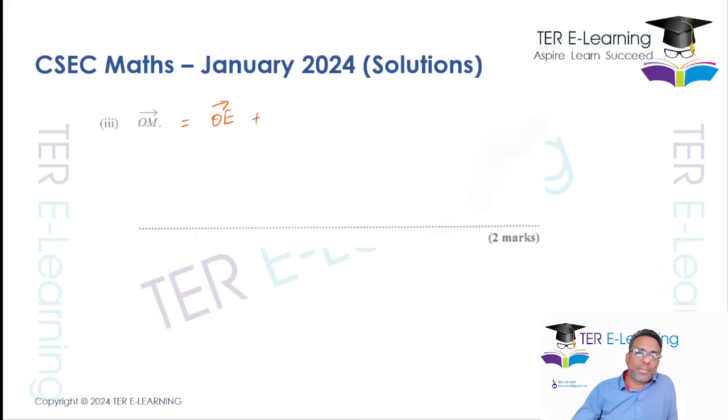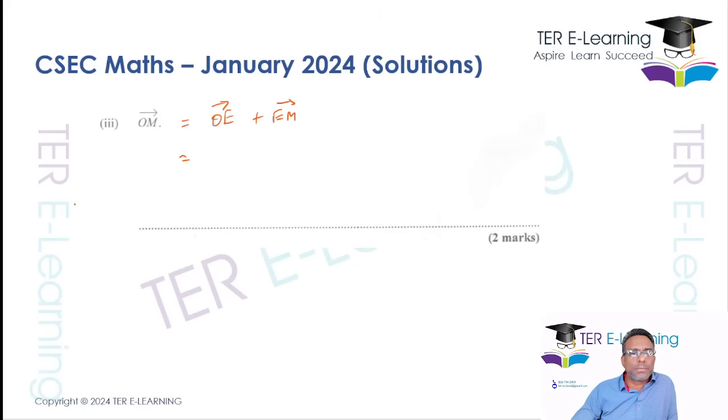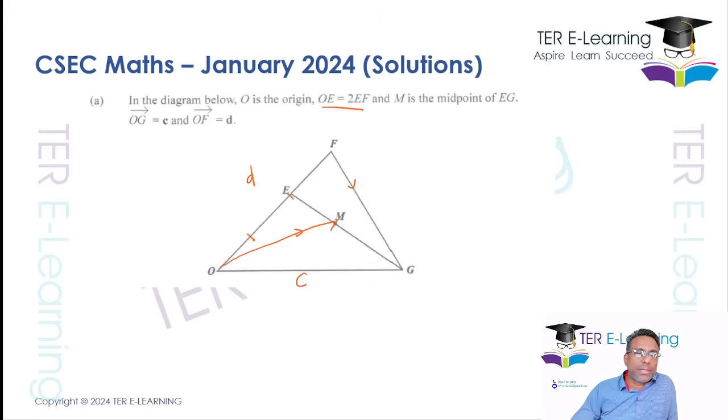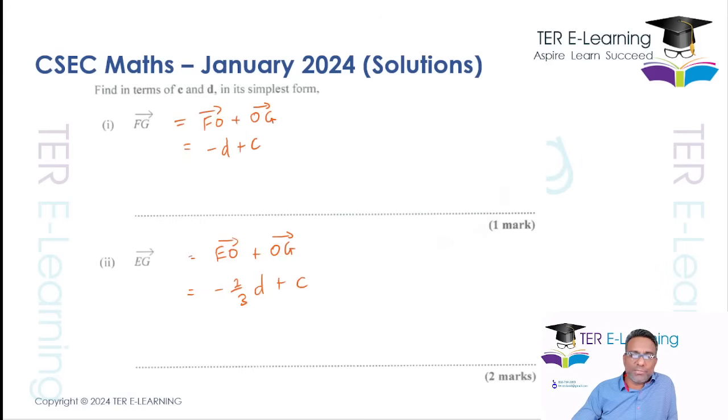Now OE is 2/3 of D. That's OE plus EM. Now, EM is this little piece here, so that's a half of EG. So this is going to be a half multiplied by the vector EG, which we had worked out previously. So EG was minus 2/3 D plus C.